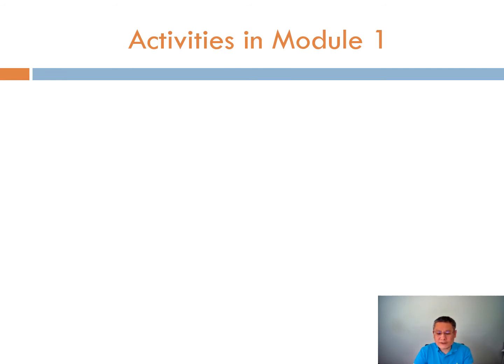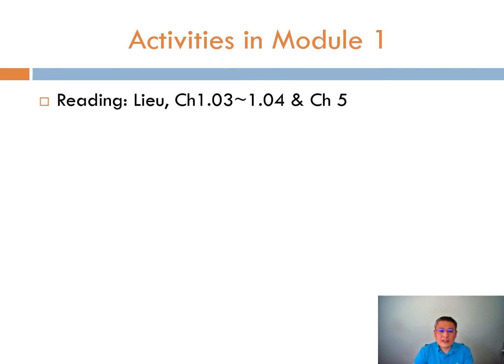The thing you have to do in this Module 1 is finish the reading of Chapter 1.03 to 1.04. They're just a basic introduction of what the engineering design process is, and also the graphics. Chapter 5 will focus on the process itself.